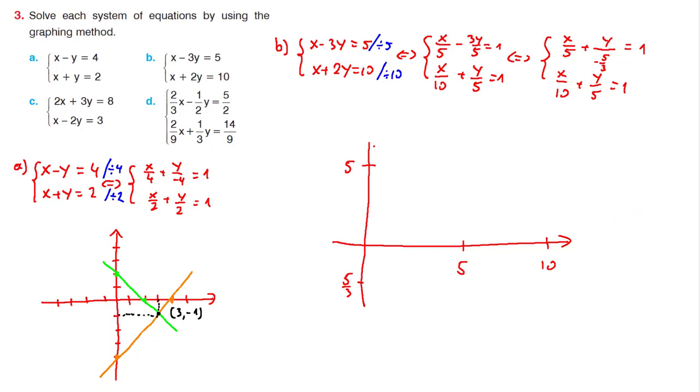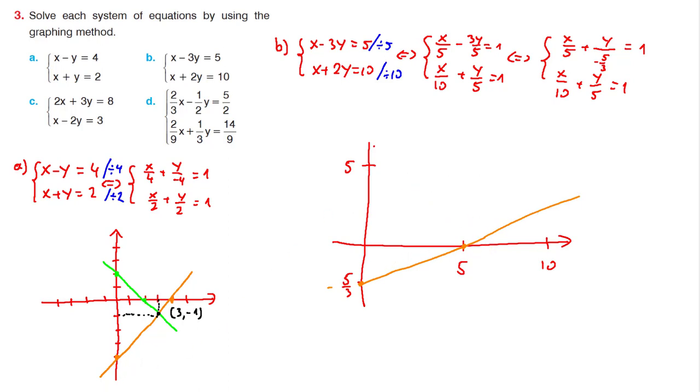Right, so the first line is passing through x 5 and y negative 5 over 3. There should be negative sign here. So this is that line.